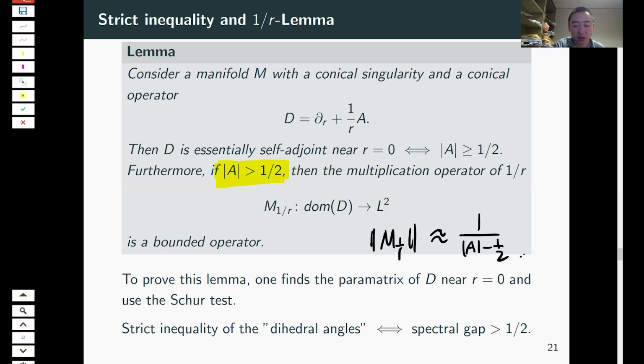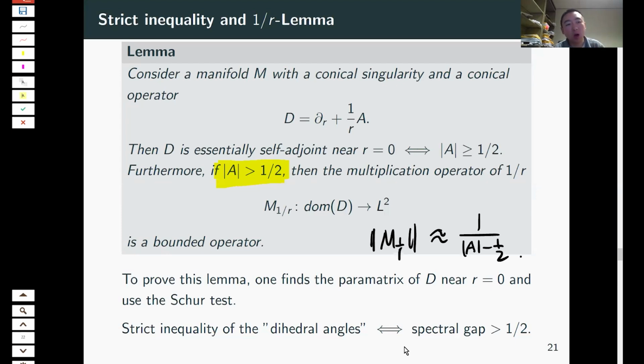All right. So geometrically, we can describe the spectral gap by dihedral angles. If we have strict inequalities of the dihedral angles, meaning positive inner products, then it's equivalent to say we have strictly greater than 1/2 spectral gap.